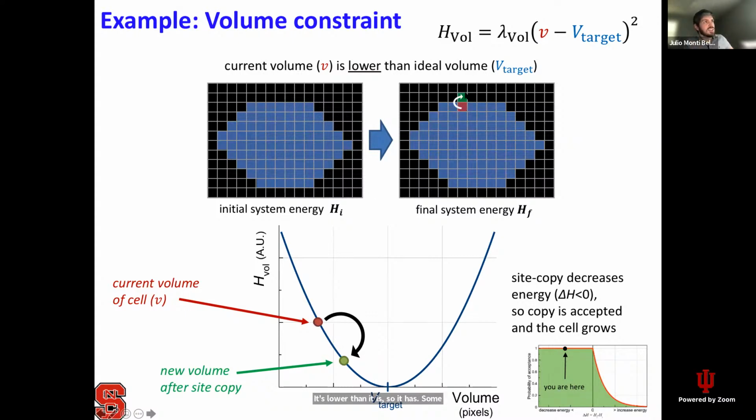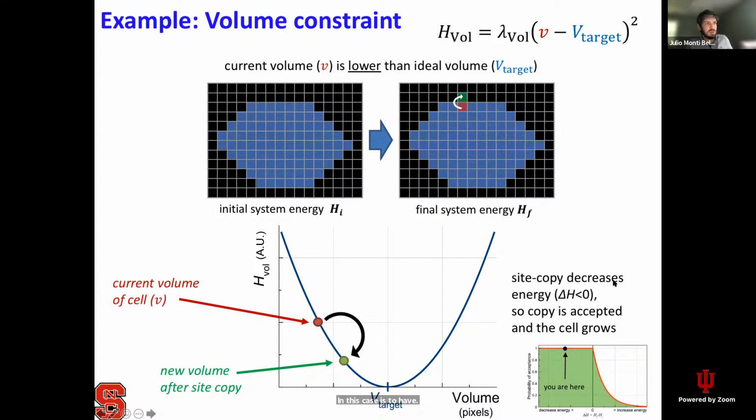And with this pixel copy attempt, you're actually going to drive the energy of your cell from here to here. So you're going to lower the energy of the cell and drive it towards its target volume. So this is a pixel copy attempt that you accept because you are driving the cell into its target behavior, which in this case is to have this particular volume here.